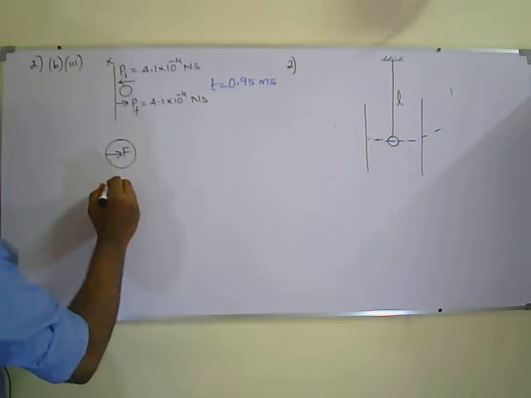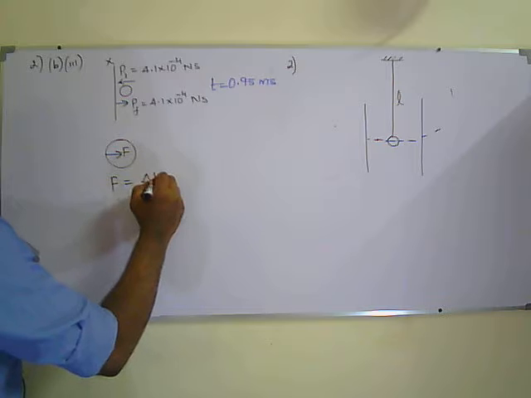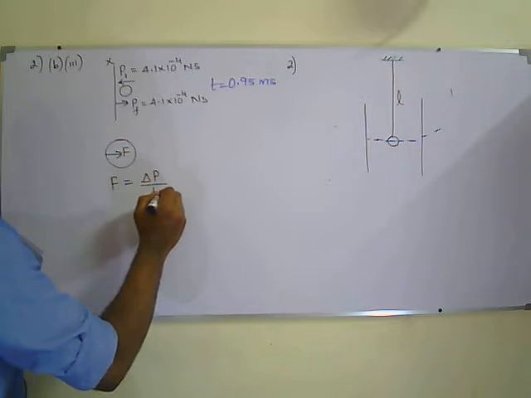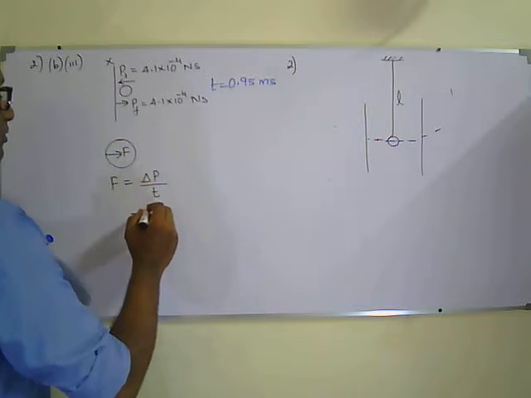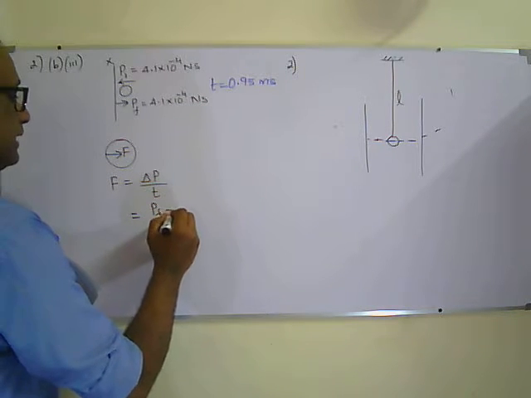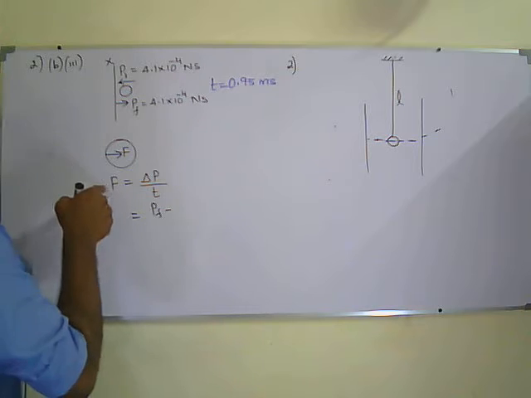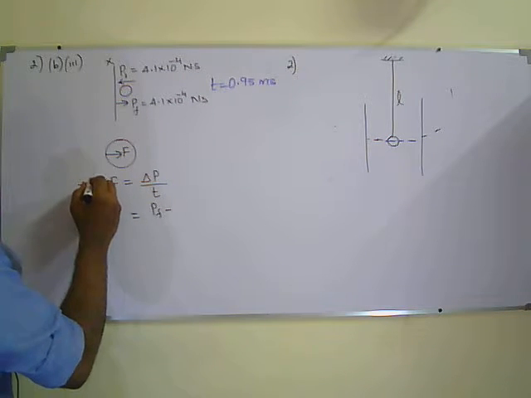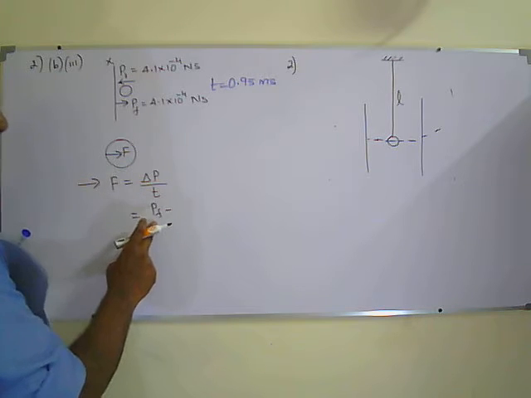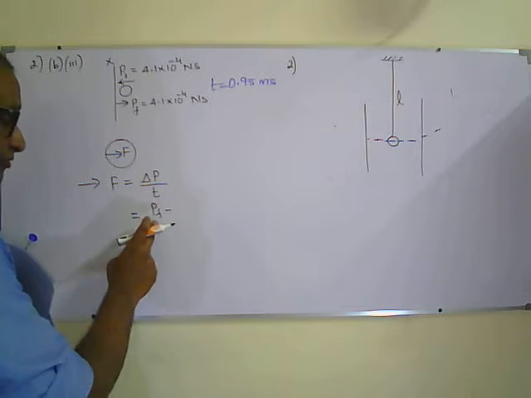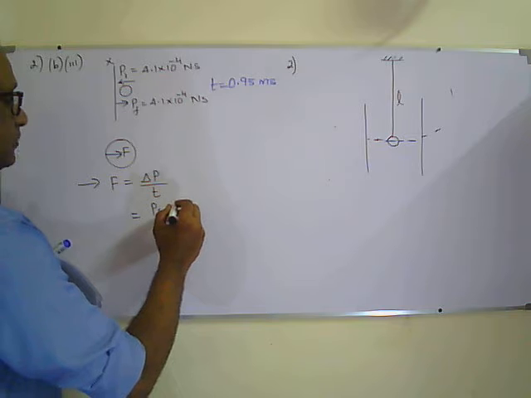So we know the force F equals rate of change of momentum. We learned that in momentum. Rate of change of momentum means final momentum minus initial momentum. I know the force on the ball is towards right, so I'm taking towards right as positive. Final momentum is also towards right, so I'll write it PF minus initial momentum.